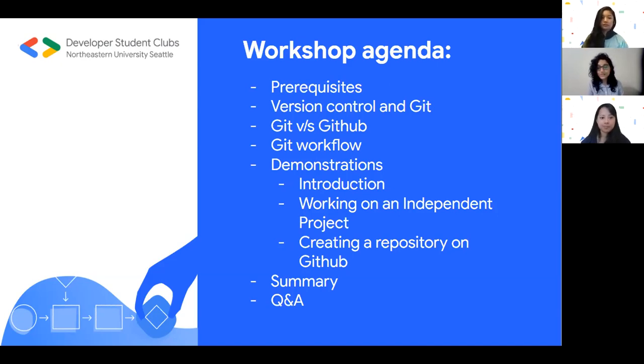Then we're going to move into the fun, hands-on demonstrations part of the workshop, where first we will have a brief introduction of the command line commands and everything you need to use. We'll also be covering everything you need to work on an independent project, as well as creating a repository on GitHub. After a short summary, we will then be present to answer any questions that you guys have for us that weren't answered during the workshop.